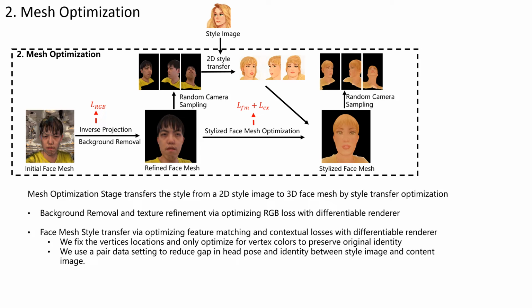Therefore, for each rendered face mesh image at a random viewpoint, we use a 2D style transfer network to generate a stylized image that has similar identity and head pose as the rendered image. We then use them as paired data for style transfer optimization. After optimization, we obtain a stylized face mesh.